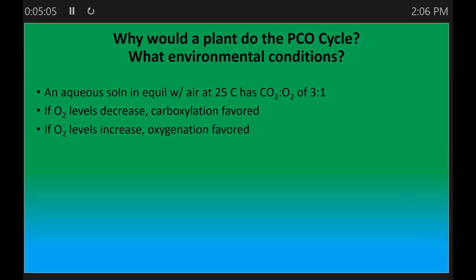But if you create a situation where there's more CO2, you get carboxylation favored, all right? So it's this idea that, okay, as long as you can keep that 3:1 ratio, that's good. But there are going to be conditions where that shifts to the point where oxygen wins and there's more oxygen.